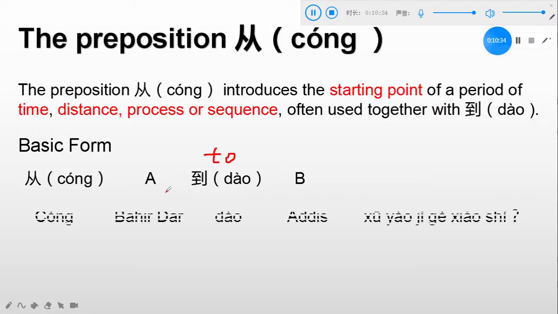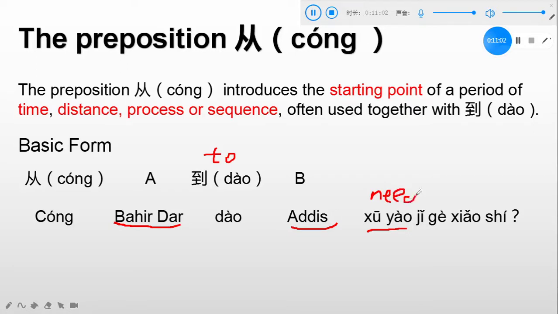好，example 1. 从 Bahir 到 Addis 什么意思？ Bahir is a place, so this is place A. Addis is place B. So from place A to place B. See, 从 Bahir 到 Addis. 需要几个小时 is a question form. 需要, actually I don't think we learned this one. 需要 means need.